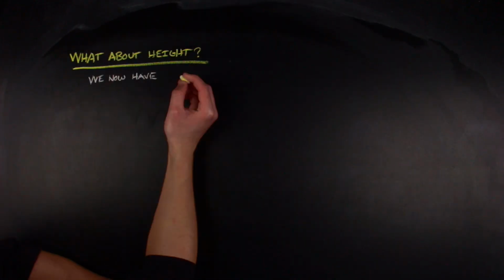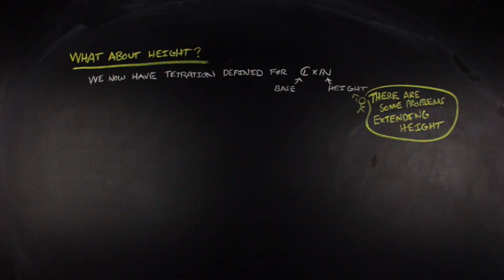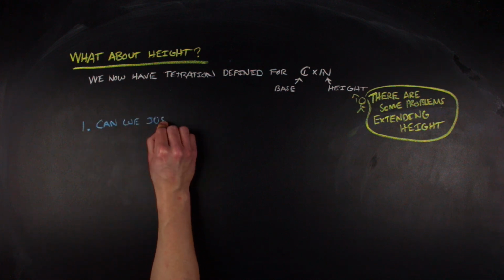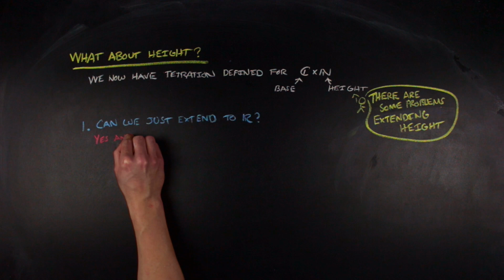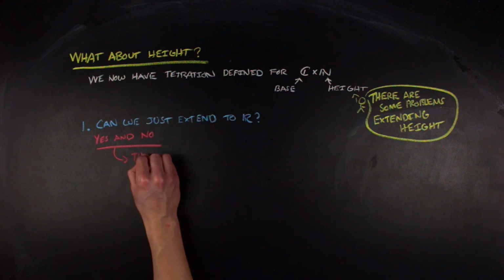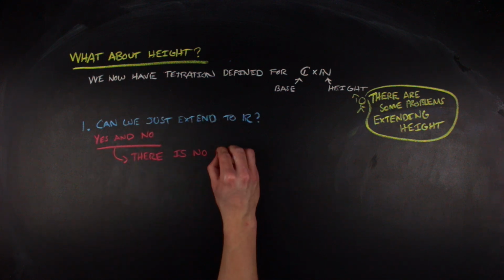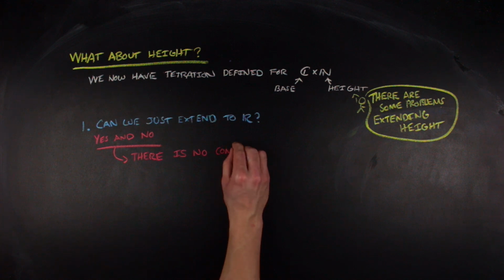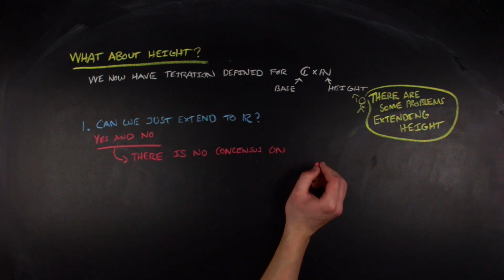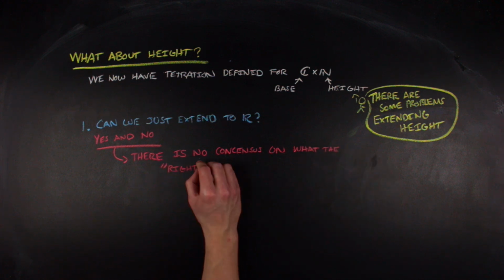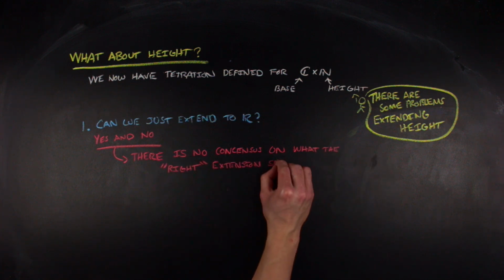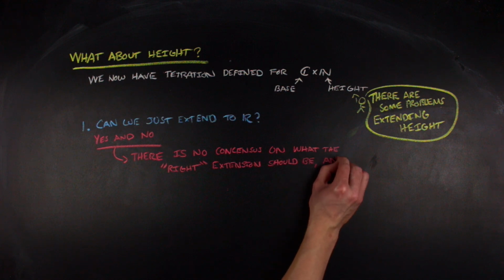The first question to ask is, well, can we take real-valued height tetrations? And the answer is yes and no. The reason it's both is that there are several ways to extend the tetration operator to the real numbers, but no one has agreed upon which method of extending the tetration function is the right one.